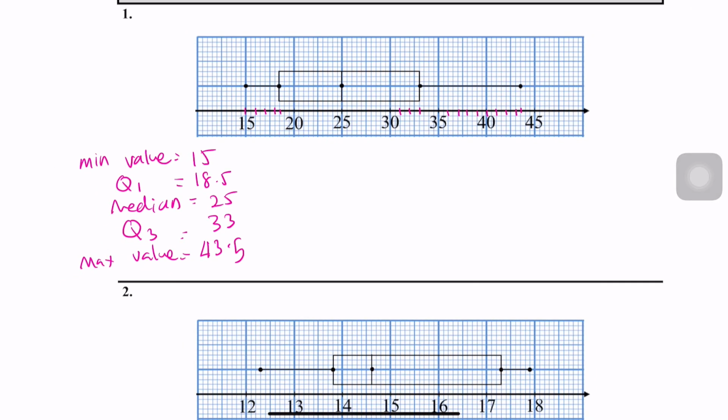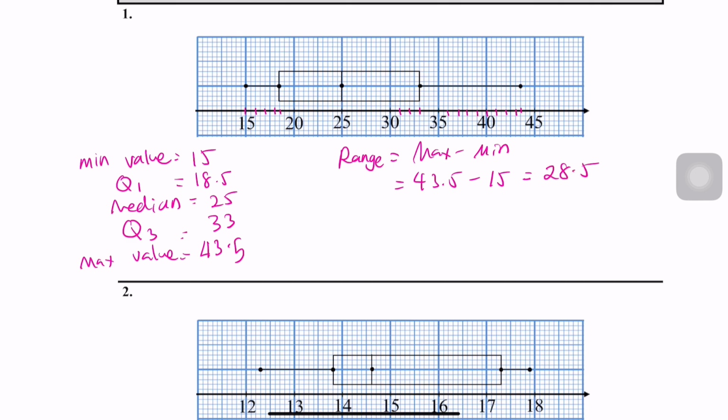Next, we need to find the range. The range is highest value, max minus min value. So max is 43.5, min is 15. So you will get 28.5.